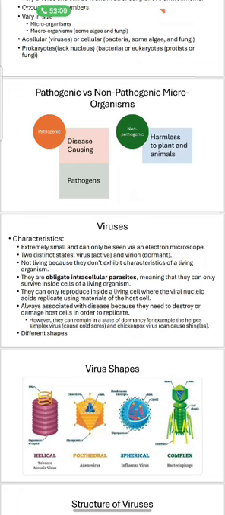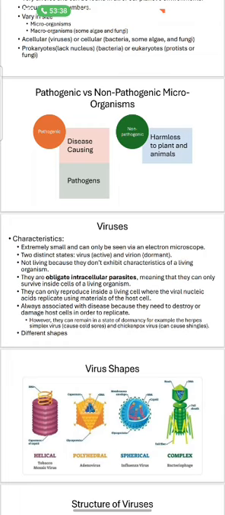Characteristics of viruses. They are extremely small and can be seen via an electron microscope. They have two distinct states, which is active, where a virus is active, and then a virion is dormant. Not living because they don't exhibit characteristics of living organisms. They are obligate intracellular parasites, meaning that they can only survive inside cells of a living organism.